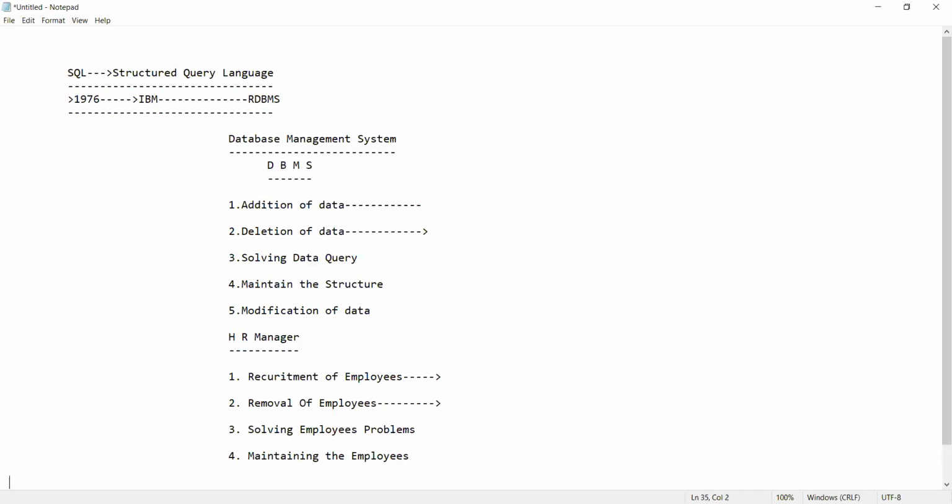And the next one, the fifth one we can say, is modification of data. What does it mean? Changing the portfolios.